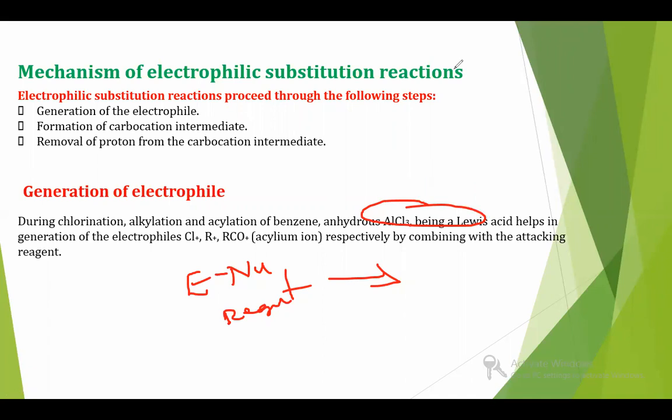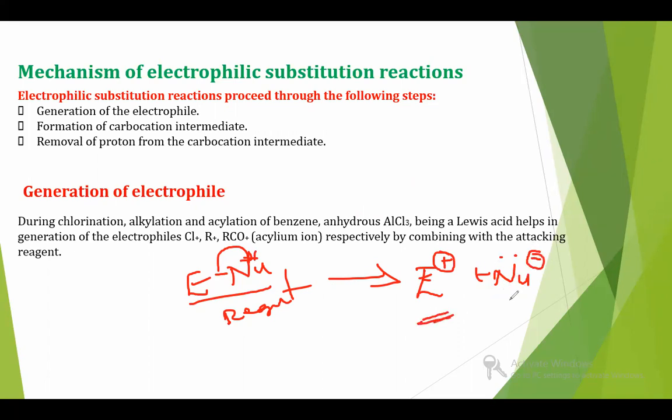The reagent consists of an electrophile part and a nucleophile part. The nucleophile takes an electron from the electrophile, so the reagent is E and Nu. The electrophile is deficient of an electron, and the nucleophile takes the electron from it and hence has a negative charge. So now it is E plus and Nu minus.